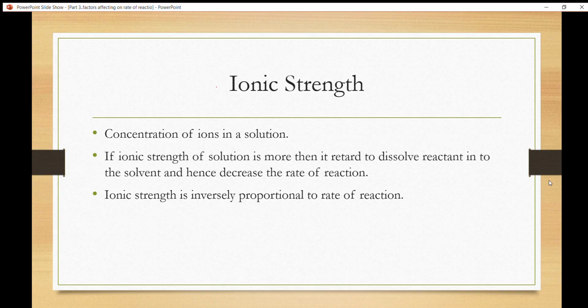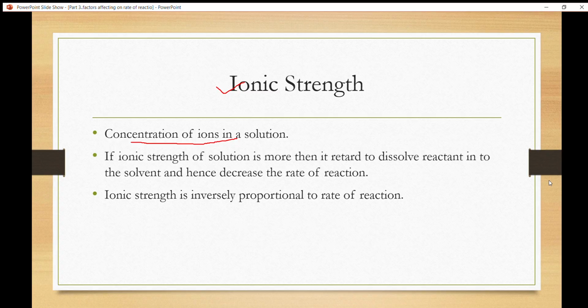The next factor is ionic strength, which is a measure of the concentration of ions in a solution. If the concentration of ions in a solution is more, then the ionic strength is more, and if the concentration of ions is less, then the solution has a lower ionic strength.